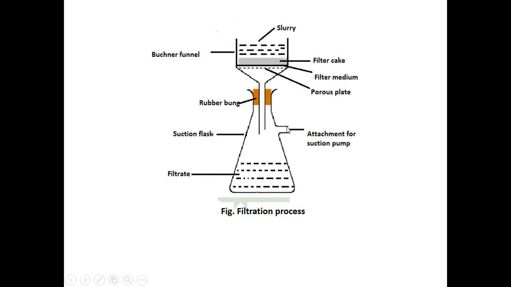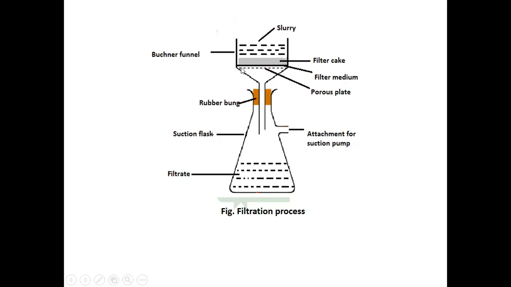This suction flask has one outlet, which is provided for the attachment of the suction pump. When you apply the suction pump here, you are able to decrease the pressure in this area, and because of the decrease in pressure, the process of filtration will be enhanced, right? When you place the Buchner funnel over the suction flask, at that time you have to seal it with the help of a rubber band, right?